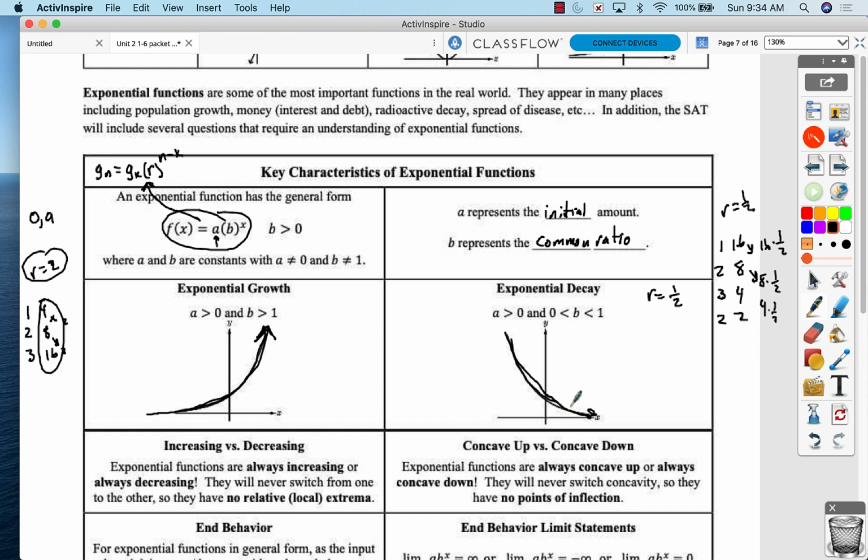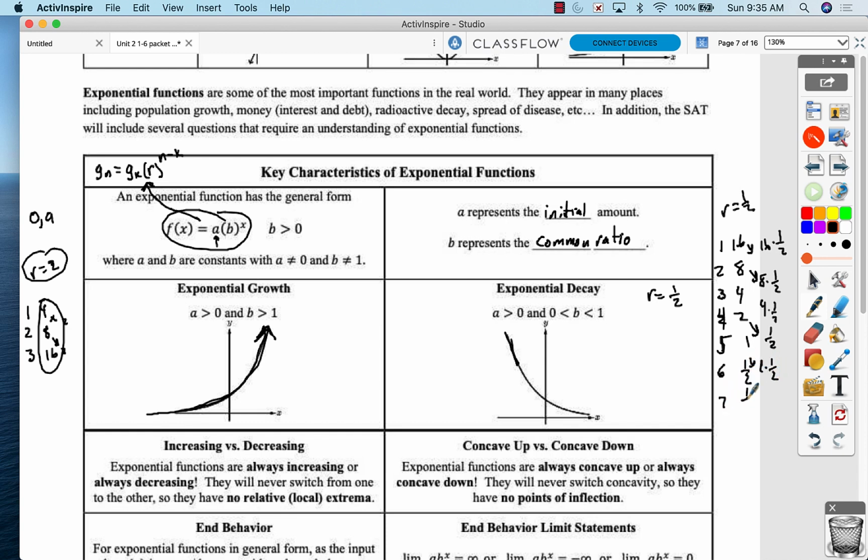See how it's dropping? And then you have to be a little careful because this thing's not going to cross through that x-axis, because the x-axis is 0. If this is term 5, then that's 2 times a half, which is 1. This is term 6, which is 1 times a half, which is a half.